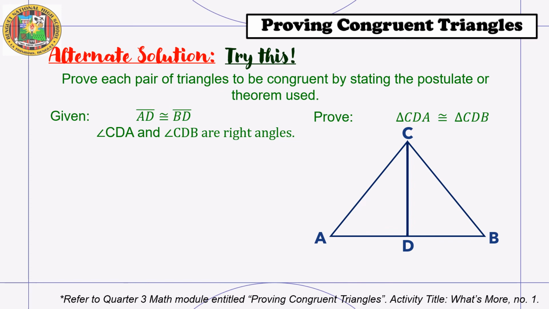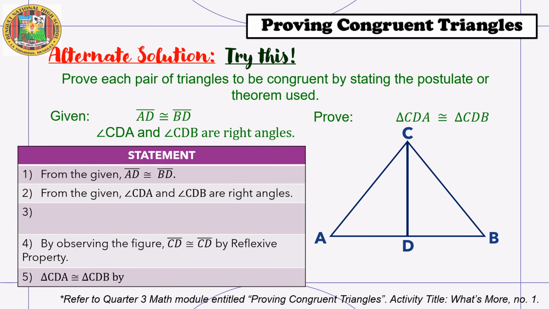An alternate solution to the problem uses a right triangle theorem to prove the congruence of the two triangles. Our proof still begins with our given, that side AD is congruent to side BD, and that angles CDA and CDB are right angles.